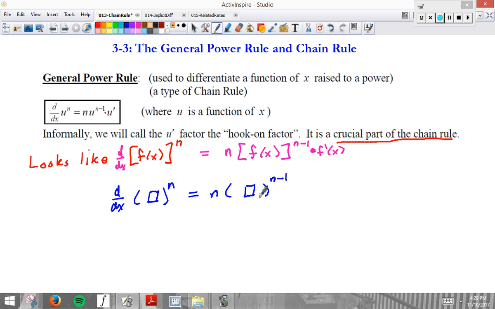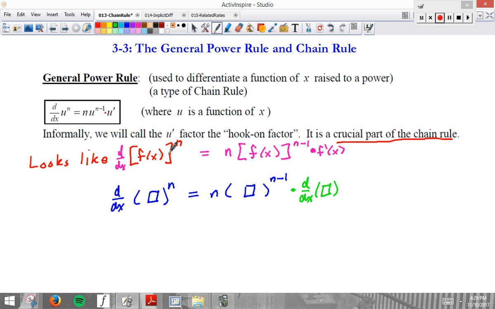We unwrap the package, and then we get to play with our toy where we multiply by the derivative of the box, the derivative of the inside. I don't really care which one you like better. But if you see parentheses with a power on the outside, you will very likely be using the general power rule.